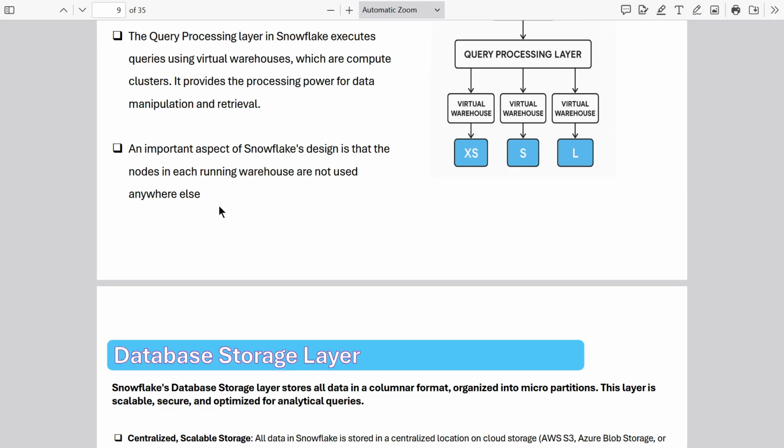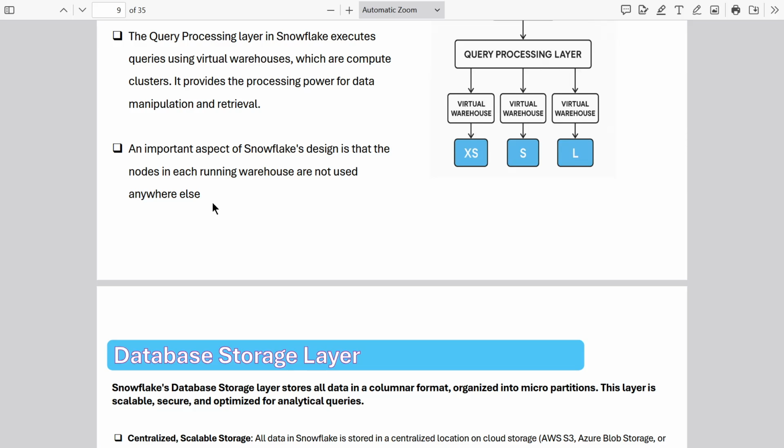When I told you that storage and compute are separated, can you relate this line with this point? The nodes in each running warehouse are not used anywhere else. So if a particular node is being used in a warehouse, it is not being used anywhere else. Correct, this is the main aspect of Snowflake design.